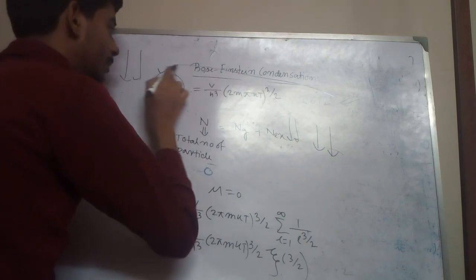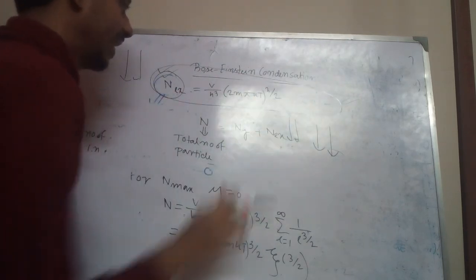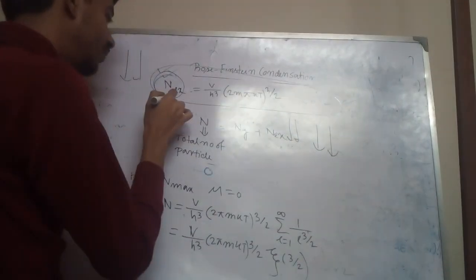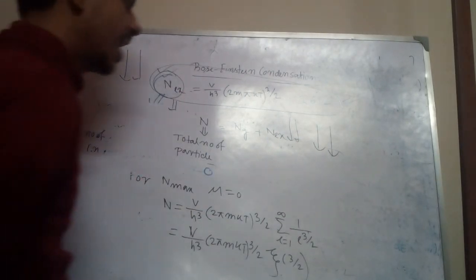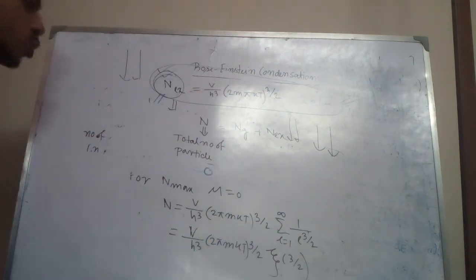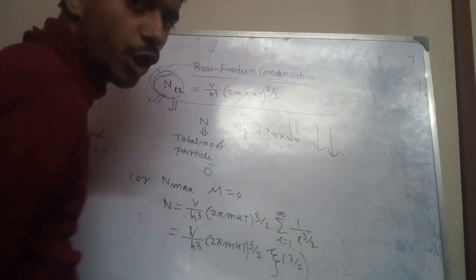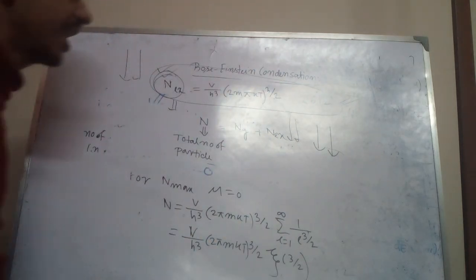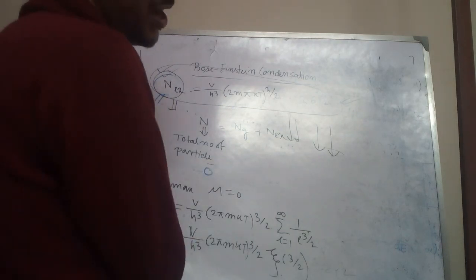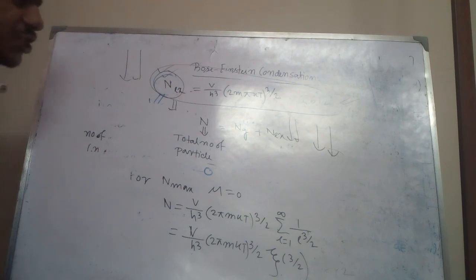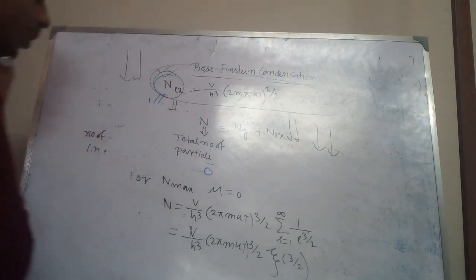If the total number of particles in the excited state, given by this value, exceeds its limit, then the particles move towards the ground state and accumulate in the lower energy level, that is the ground state. This is called Bose Einstein condensation.